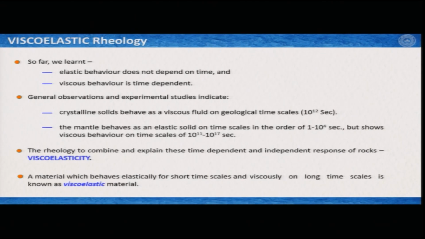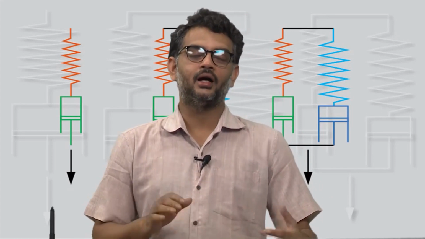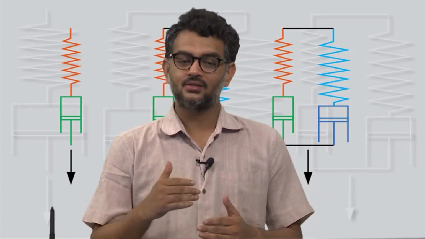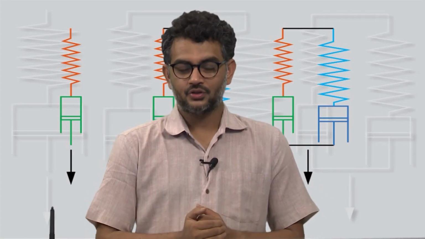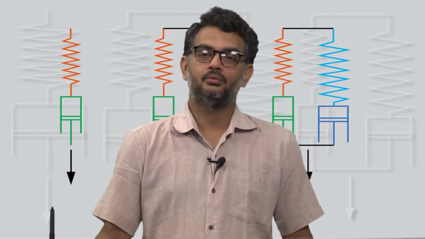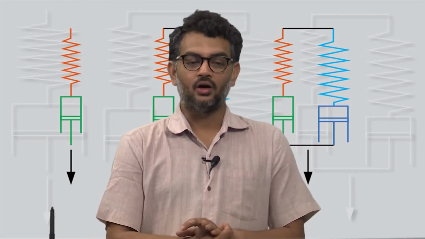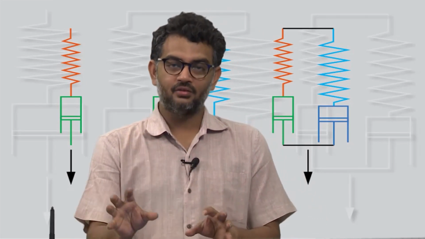So, in general, if the deformation is short timed, then the rocks respond in an elastic manner, but if it is very long time, then it responds in a viscous manner. So, this is a range where we can apply the viscoelastic rheology, the combinations of elasticity and viscosity.